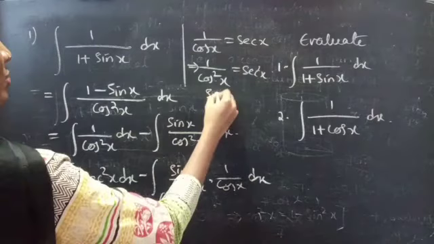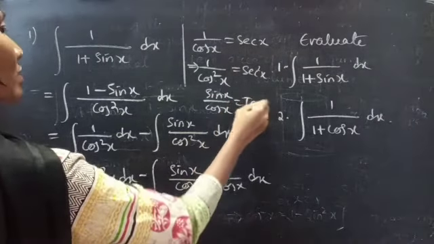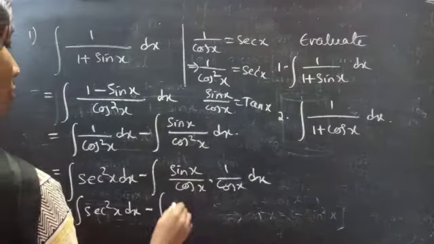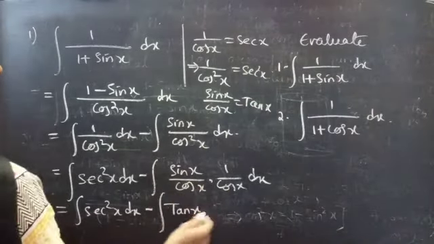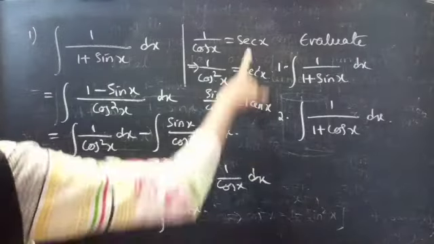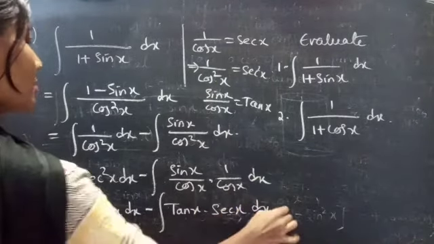Since sin x by cos x equals tan x, you could replace sin x by cos x with tan x, and 1 by cos x with secant x, into dx.